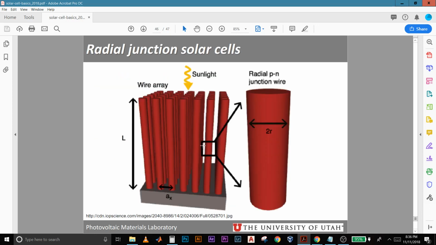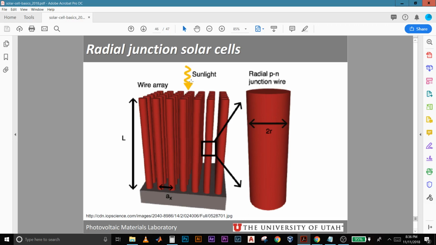And here is an interesting research being conducted using radial junction solar cells. Instead of having a slab of a PN junction, what they have is thin rods or wire arrays which are PN junctions inside. So these are radial PN junction wires.